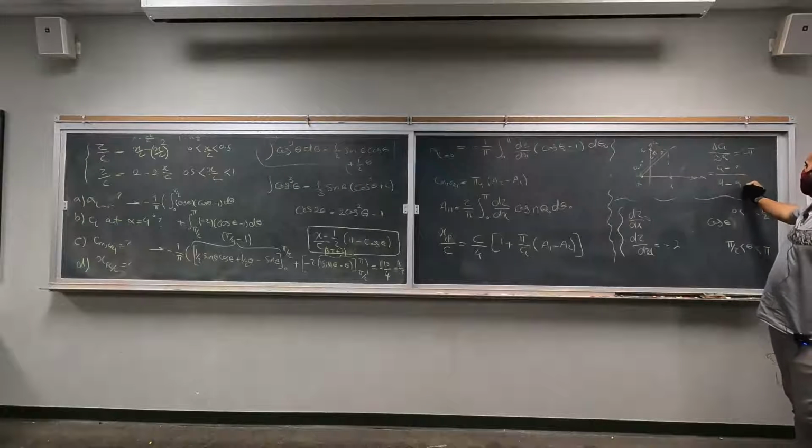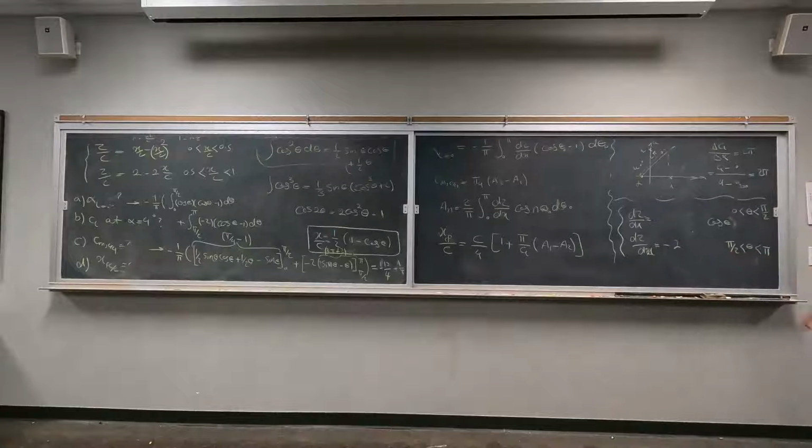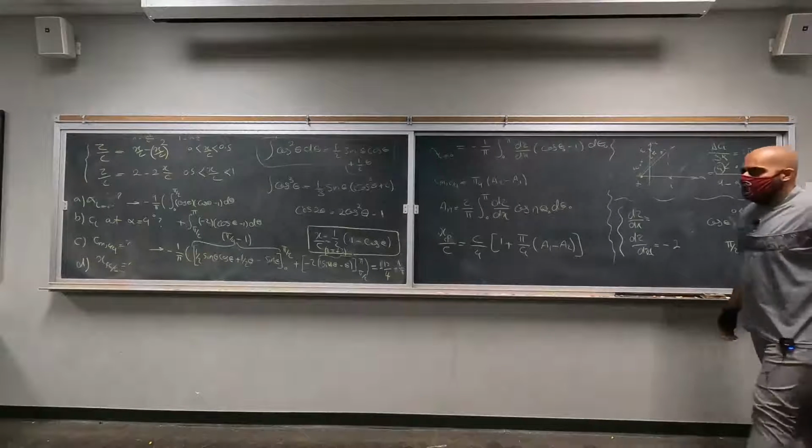I'm just going to call it alpha zero lift, equals 2 pi. So we have alpha zero lift, we know what 2 pi is, we have 4. Then we can find CL. Is this clear?